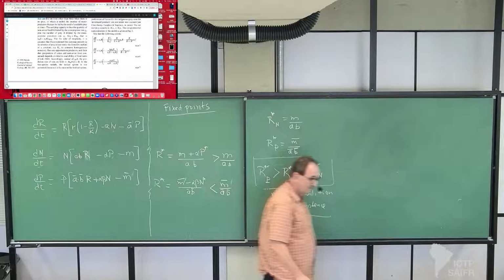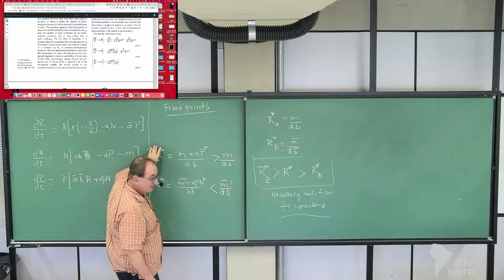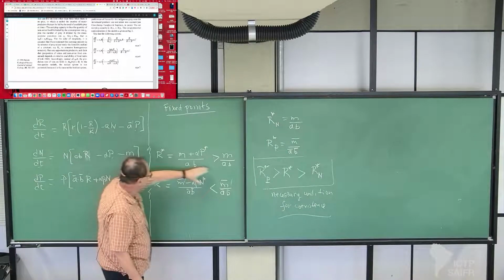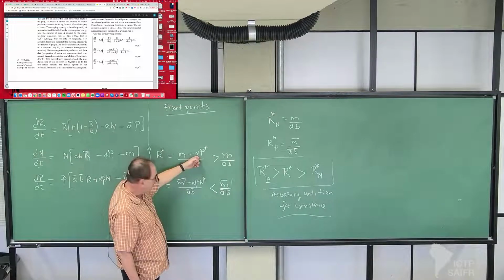What we obtained here is that R star is equal to this and equal to this, which is not overdetermined because you don't know P and N. To get this value you would have to use this one; it's a longer calculation. I'm just noticing that this equilibrium value of R in the presence of both is this. Since here you have something added, this is bigger than m over AB, and here it is smaller.